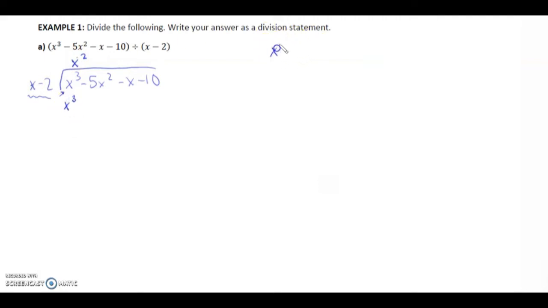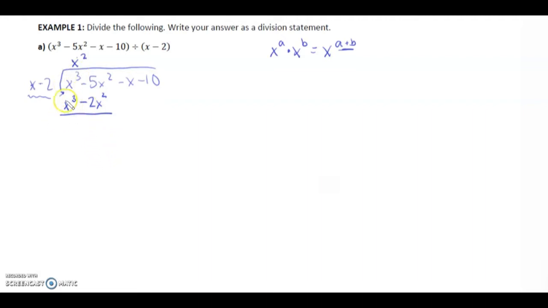Okay, as a recall, x to the a times x to the b is going to be x to the a plus b. We're going to add those exponents. Okay, but then we have to finish it. X squared times negative 2 is going to give us negative 2x squared.